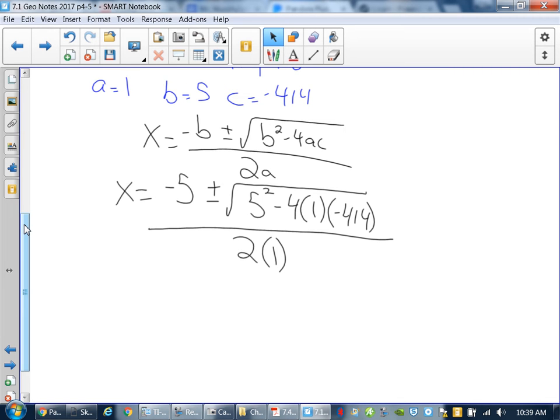Now it looks like a lot of math. You cannot put that directly in your calculator like that because there is no such thing as a plus minus button on your calculator. So what you need to do is type in what's underneath the radical first. That b squared minus 4ac, if you recall from last year, is called the discriminant.